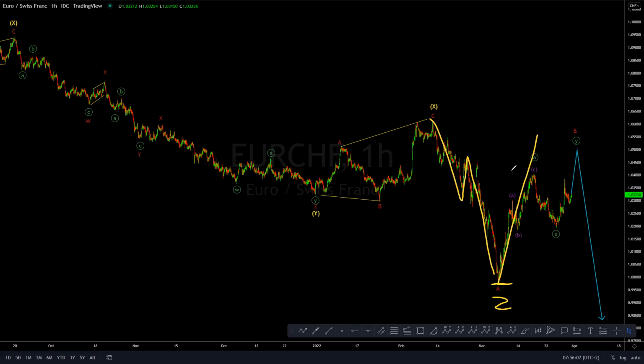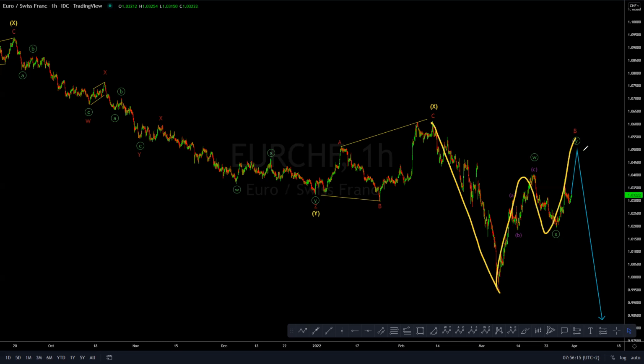And this could be the beginning of a move to the upside. Or we could be having it as we have it now, where we have this one as an A or a W within Z, that as a B or an X within Z, three more waves lower for a C or a Y within Z in the yellow degree.